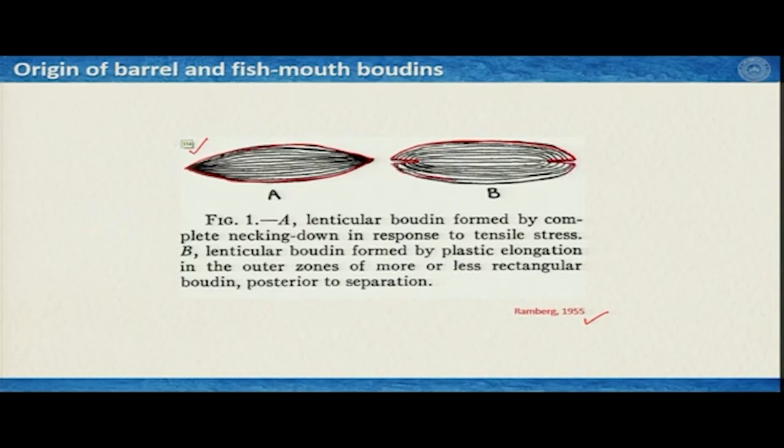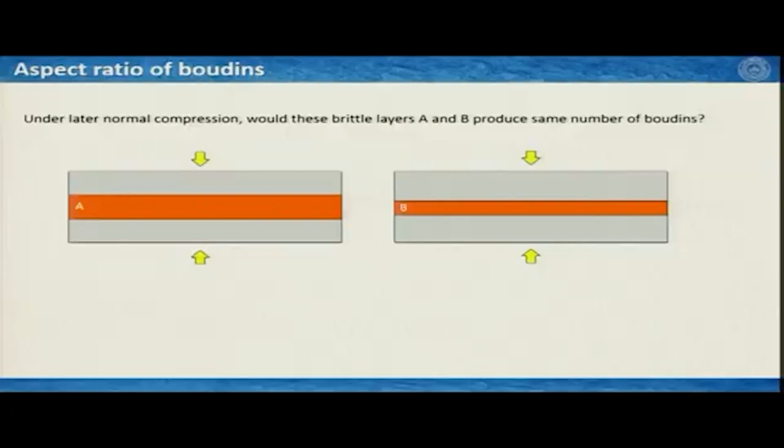So, it was initially a barrel shaped boudinage, then it turned into fish mouth boudinage, and now its morphology is very similar to that of a lenticular boudinage. So, it is a continued process where initially you form a barrel, then slowly it tapers inward, and then it forms fish mouth, and with further progressive deformation you can arrive at the shape of lenticular boudinage or lenticular boudins.